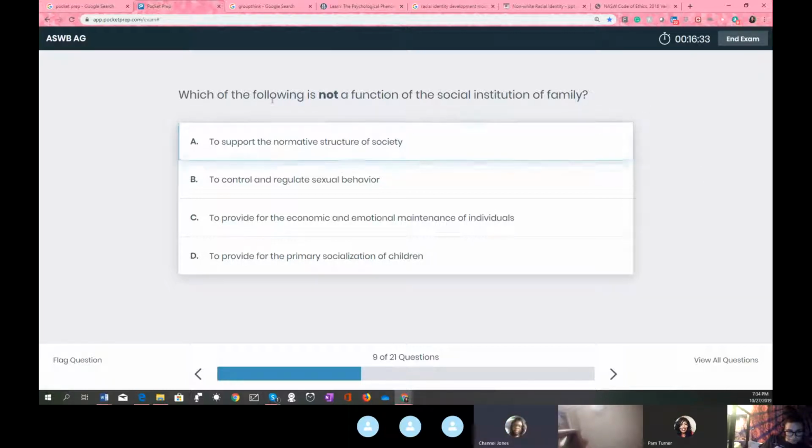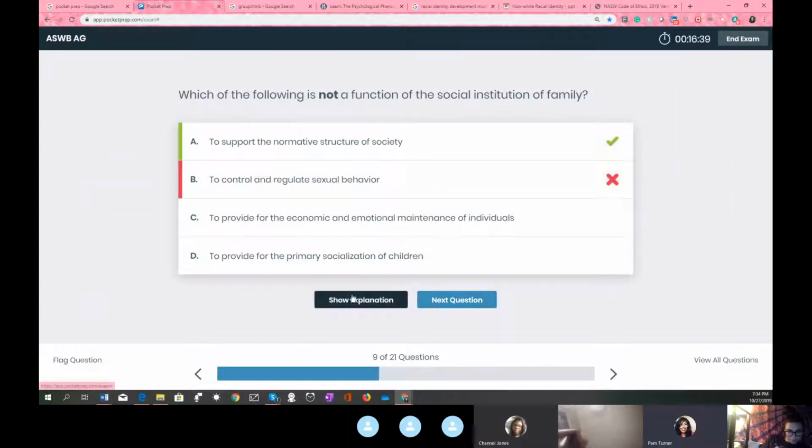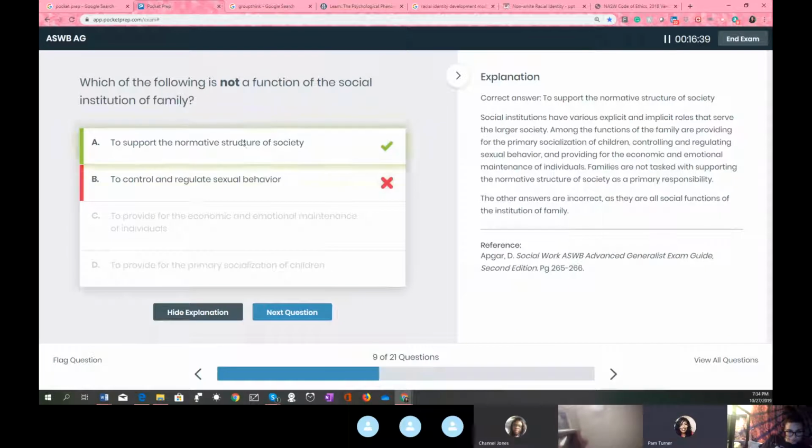Is it A? To support the normative structure of society. You got it. Sorry, let me take that one. That is not a function.